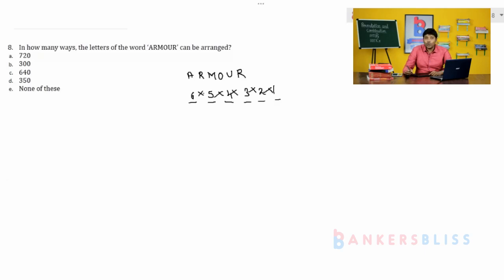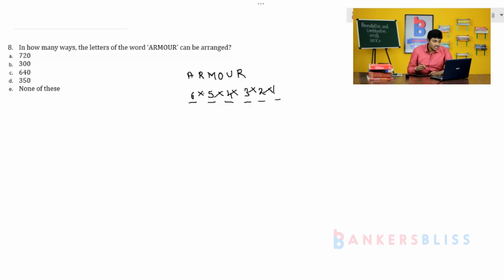Okay, see here why you are going to get the wrong answer. Let me explain. In the previous problems you used to get the right answer, but here you are getting it wrong. Why?